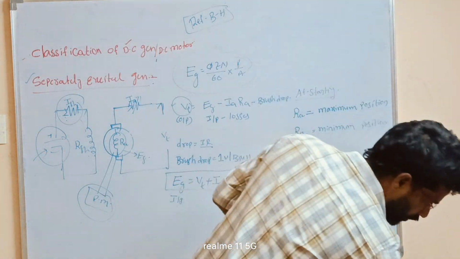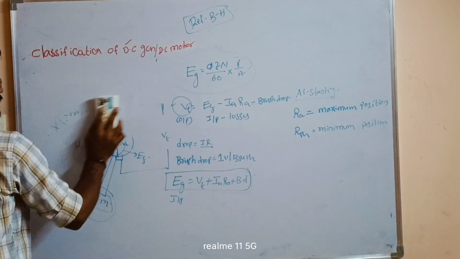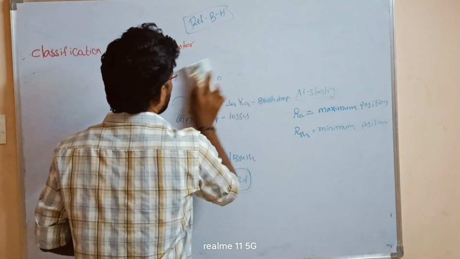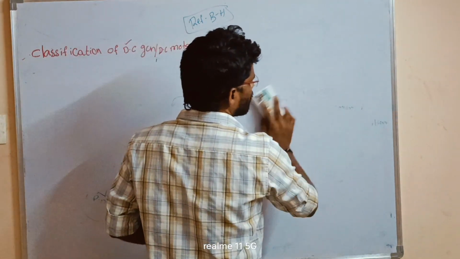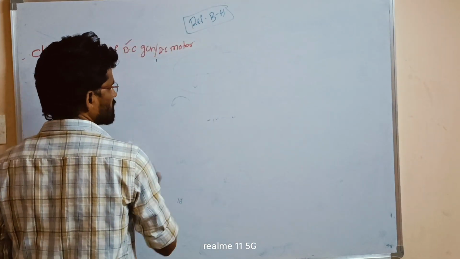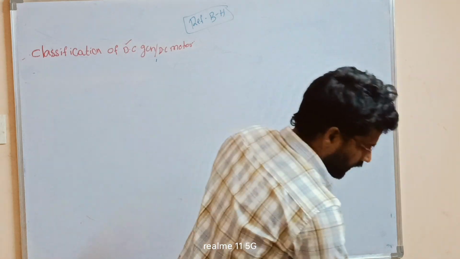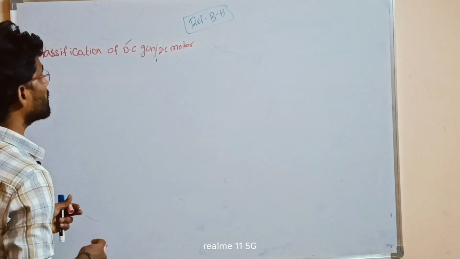So next we go to the self-excited generator. The self-excited generators are classified into three types: short shunt, long shunt. One thing we forgot, one concept in the separately excited DC motor.